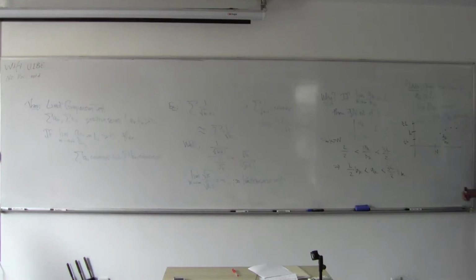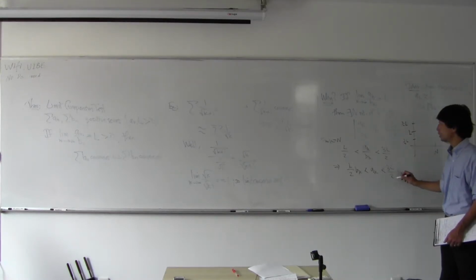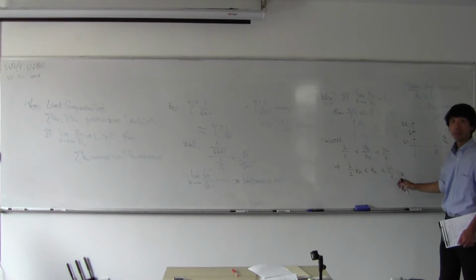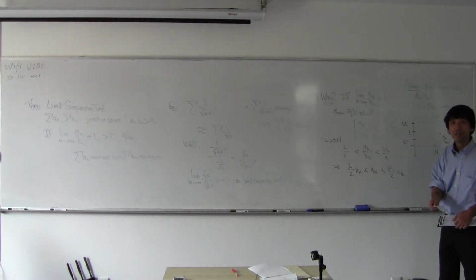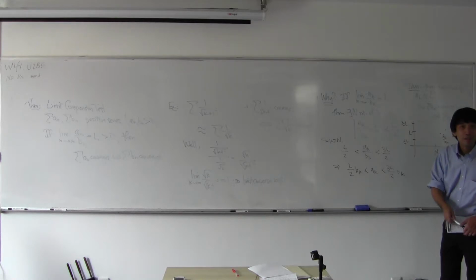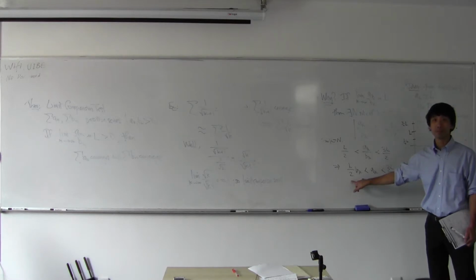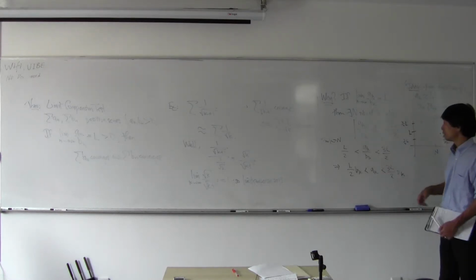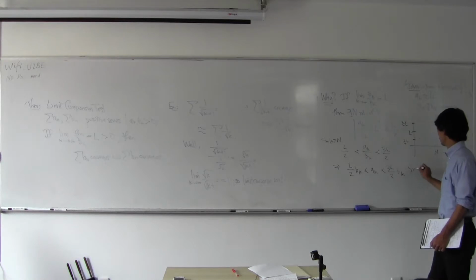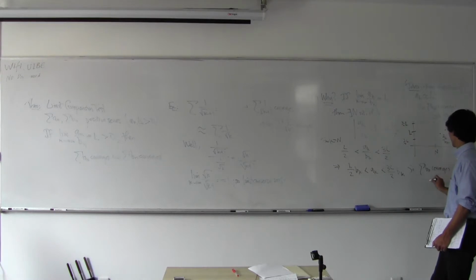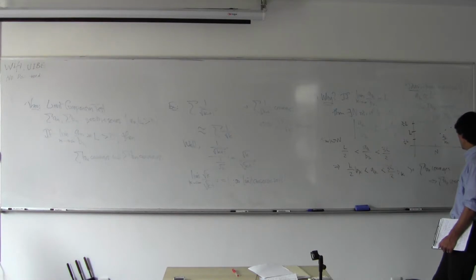But then what you have is that, exactly, if BK converges, AK converges. If AK converges, BK converges. So BK converges implies AK converges by the comparison test.